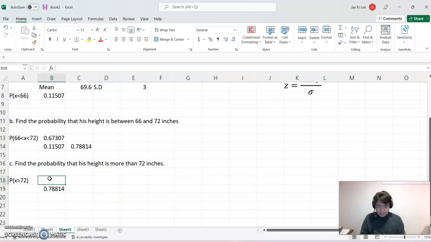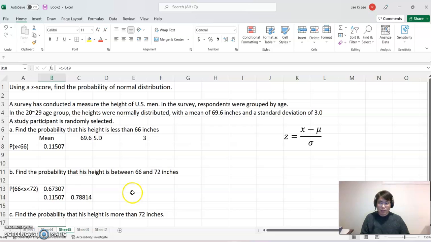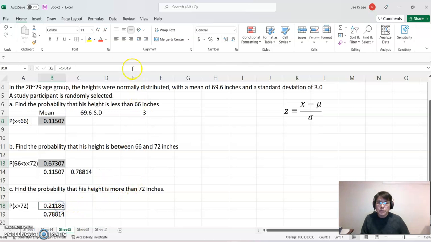Now the equation becomes 1 minus this value. That will be the answer for this problem. I'm going to highlight it so you can see the answers clearly. Those are the answers for each problem.